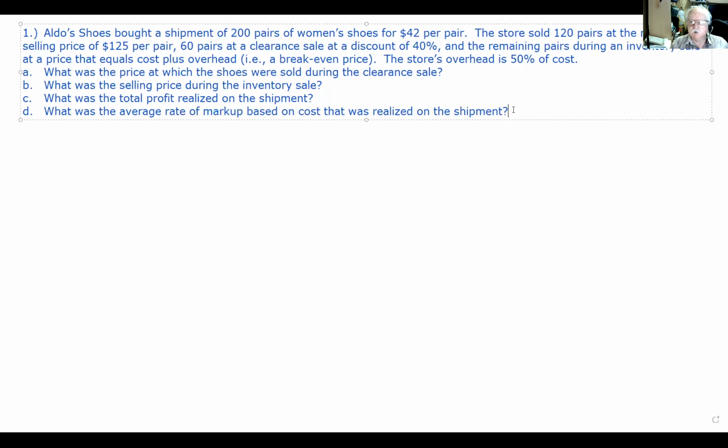The store sold 120 pairs at the regular selling price of $125 per pair, 60 pairs at a clearance sale at a discount of 40%, and the remaining pairs during an inventory sale at a price that equals cost plus overhead, i.e. this would be a break-even price. And the store's overhead is 50% of cost.